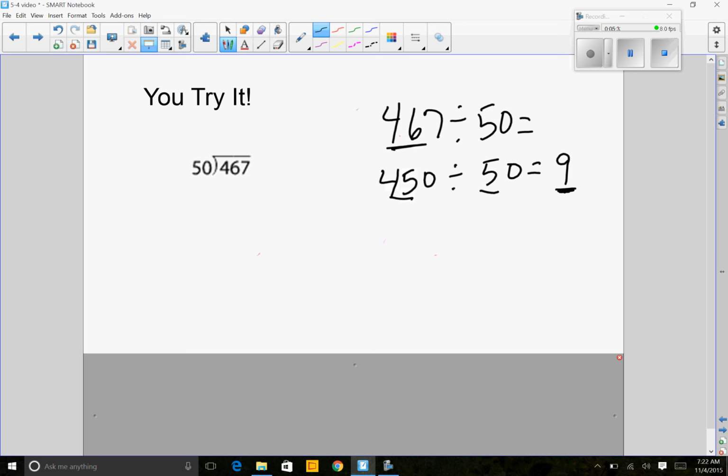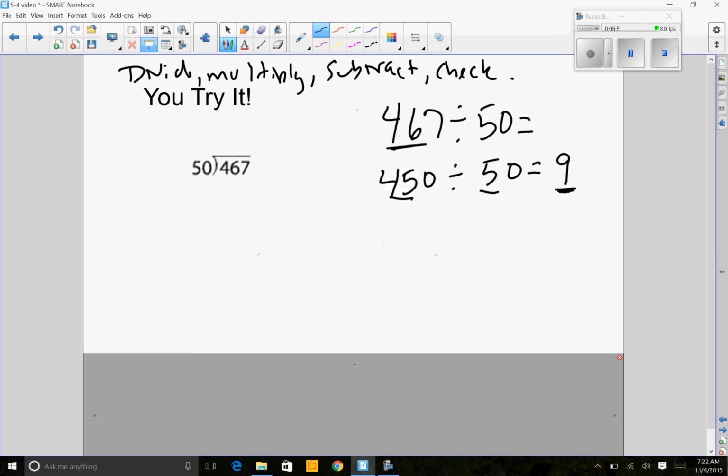So when I divide, again, I'm going to divide, multiply, subtract, and check, right? So I'm going to make sure when I do this that I'm right, because 50 can't go into 46. So you know what?